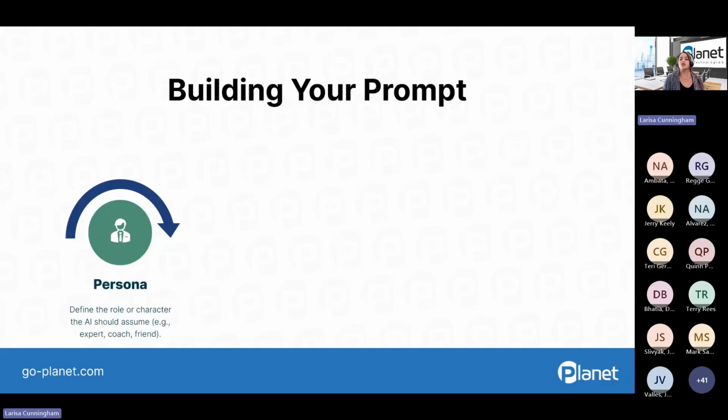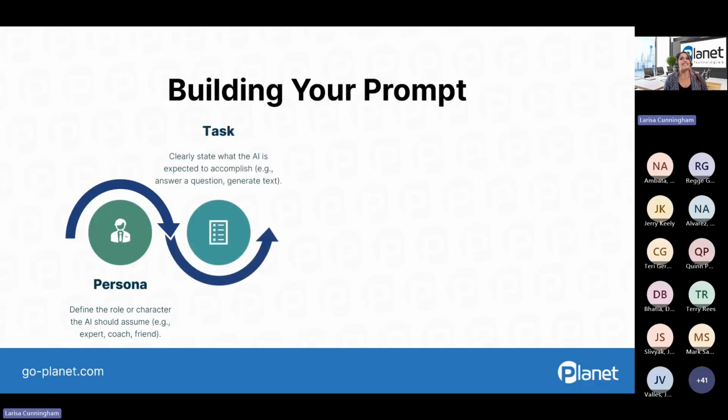But when you give it a persona, it focuses in on certain knowledge sets and then says, hey, with this lens and this mentality, do this task. The next piece is the task itself. So this is where we want to really clearly state the expectation. Sometimes we are more ambiguous than we mean to be, and we want to make sure that we have stated the expectation.